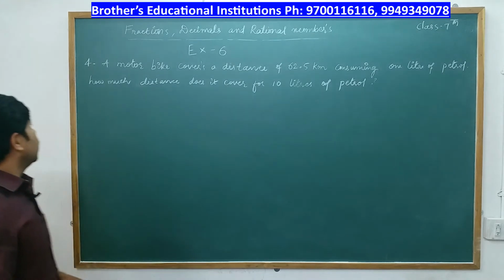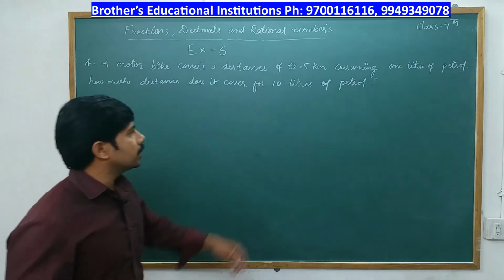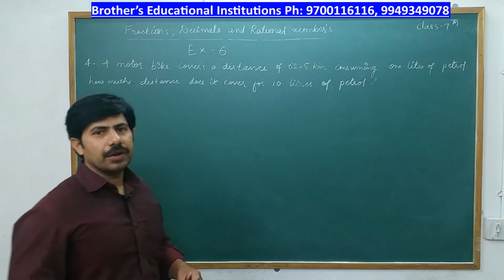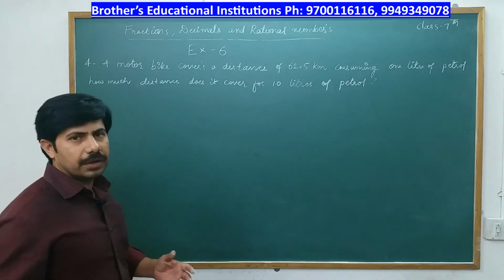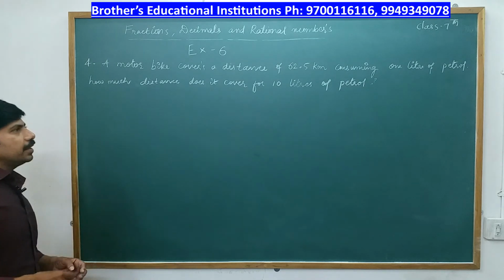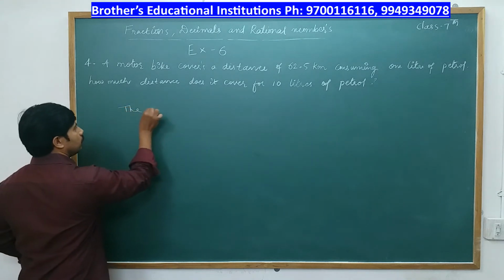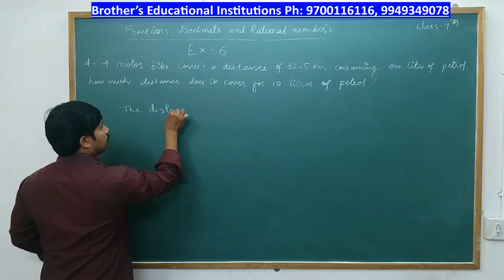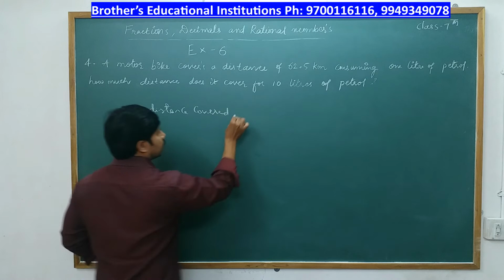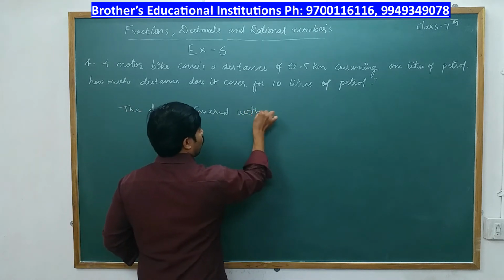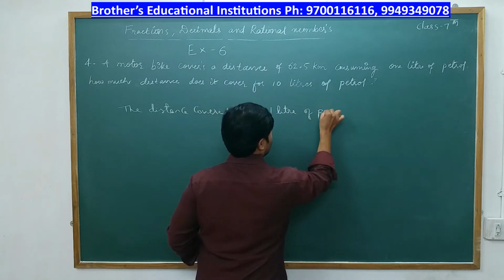Next problem. A motorbike covers a distance of 62.5 kilometers consuming 1 liter of petrol. How much distance does it cover for 10 liters of petrol? So we write the distance covered with 1 liter of petrol.